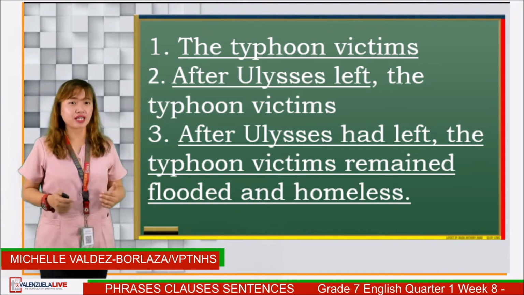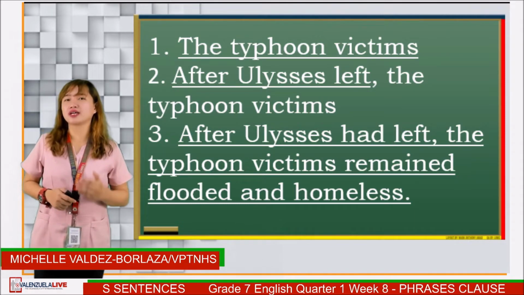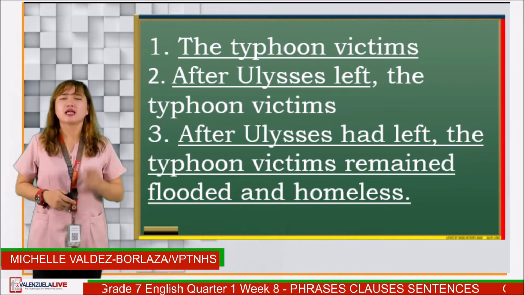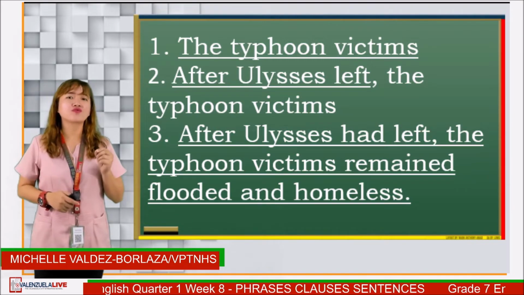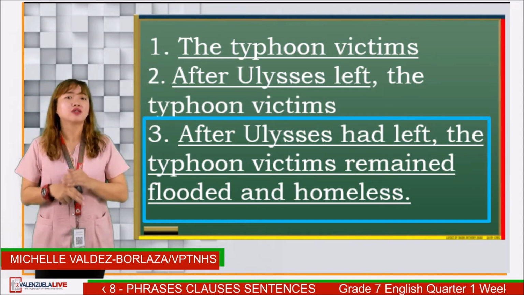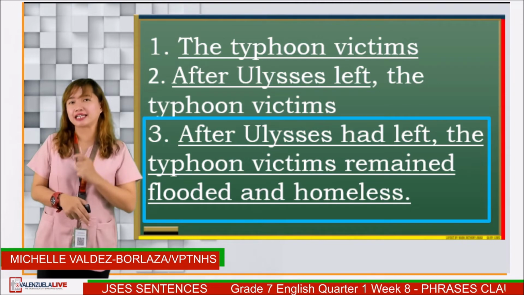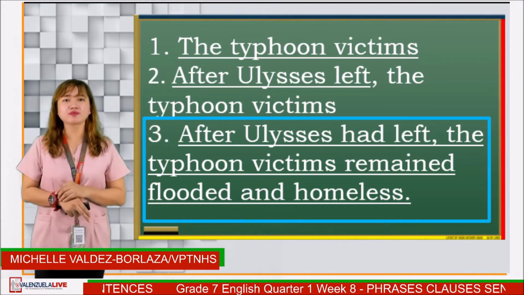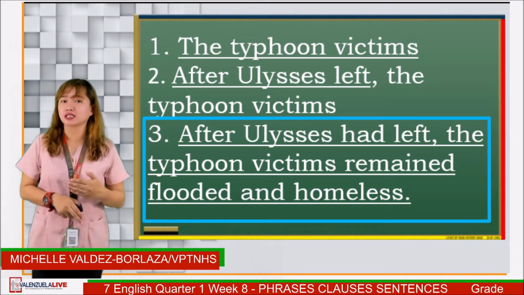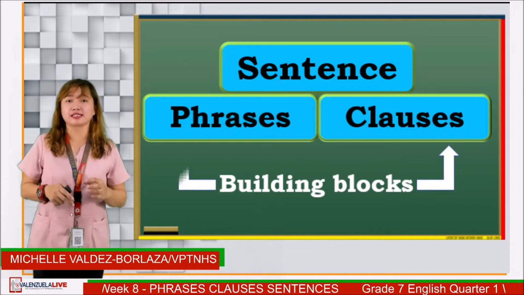And number 3, after Ulysses had left, the typhoon victims remained flooded and homeless. Notice how phrases and clauses were combined to form a sentence to express a complete and clear idea. It shows that phrases and clauses are important building blocks of a sentence.